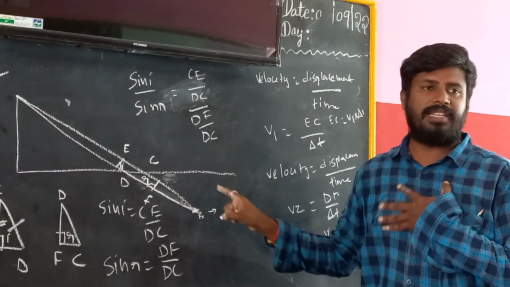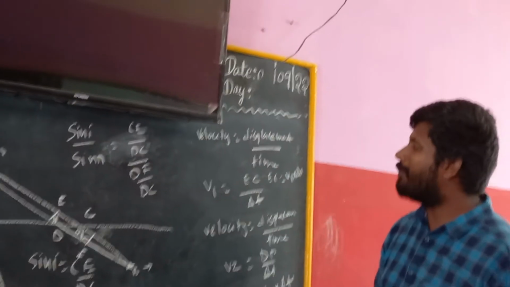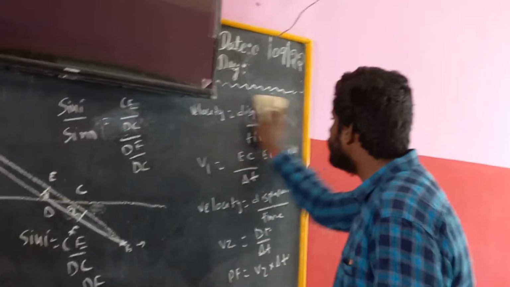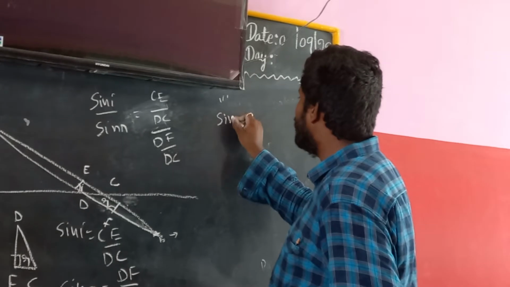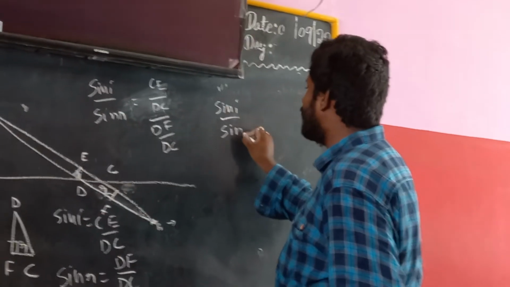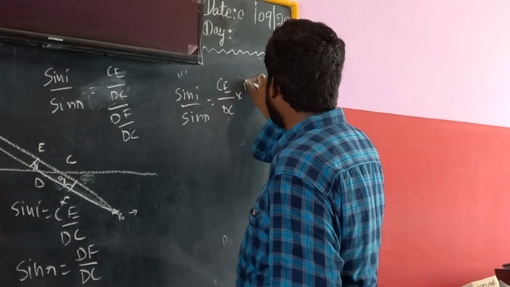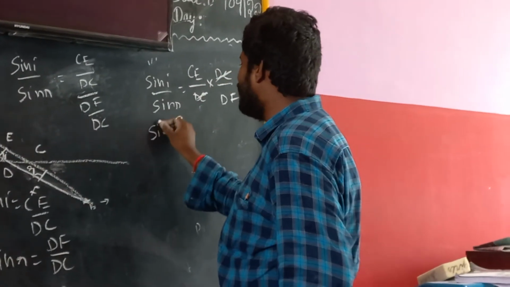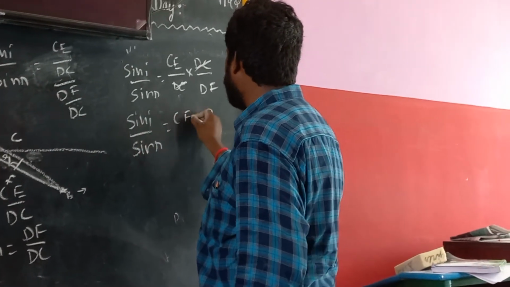Here, DF by DC is in the denominator, so numerator and denominator are reversed. Then we get sin I by sin R equals CE by DC into DC by DF. DC gets cancelled. Sin I by sin R equals CE by DF.